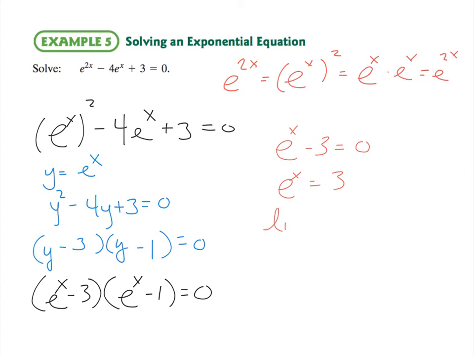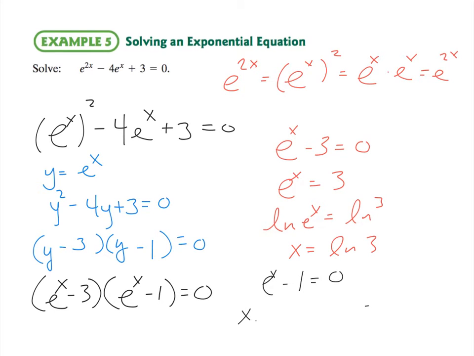If we take the ln of both sides, we'll find that x is going to be equal to the ln of 3. For the second one, if we have e to the x minus 1 is equal to 0, I'm going to move it to the other side and take the ln all in one step.